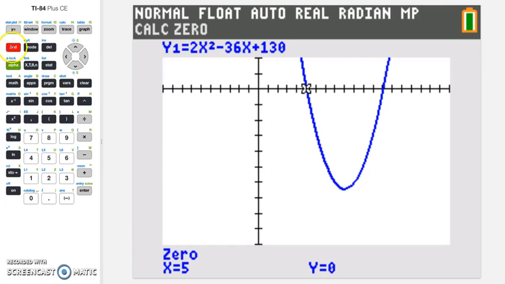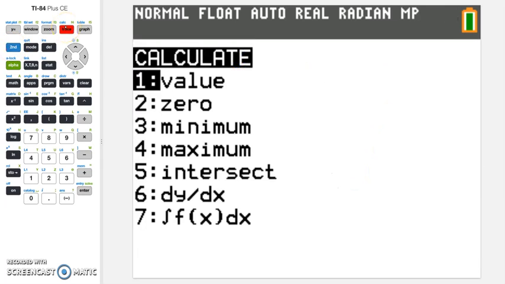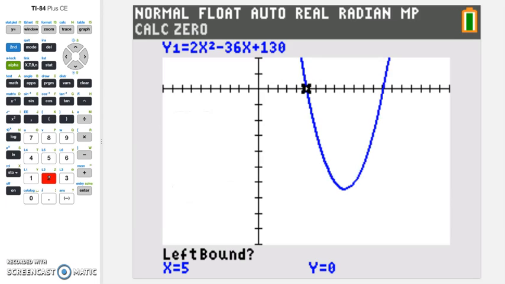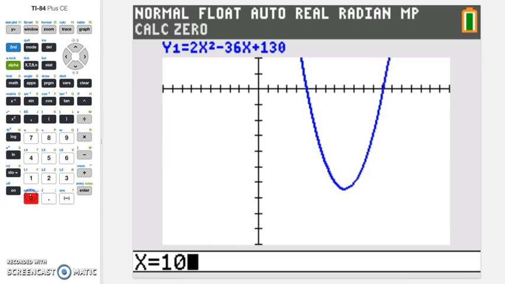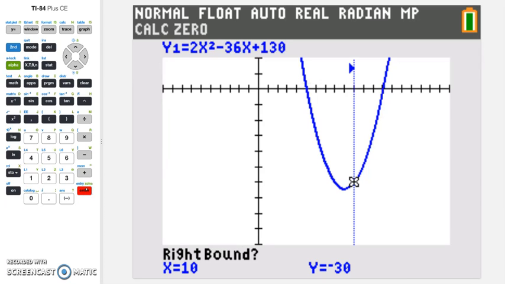So again, I hit second trace, for calculate. I'm going to calculate the zero of my function or my x-intercept, so option 2. And this time I want my other x-intercept, which is occurring at x equals 13, I estimate. So Left bound, I need a number smaller than 13. I'll go with 10, enter.